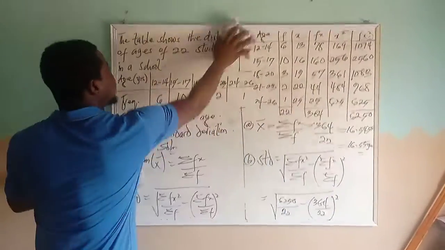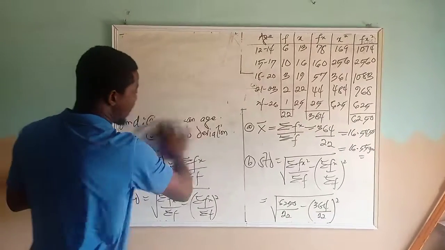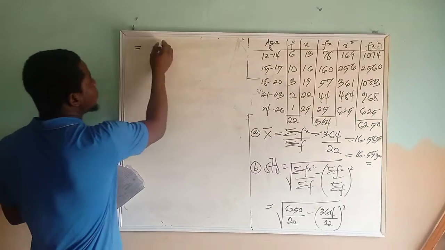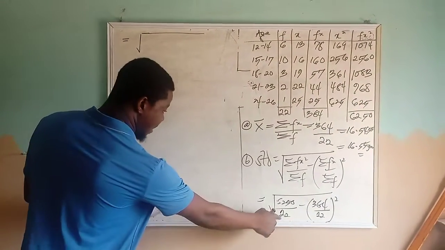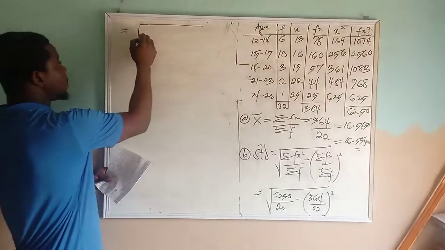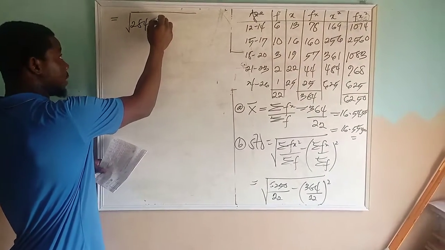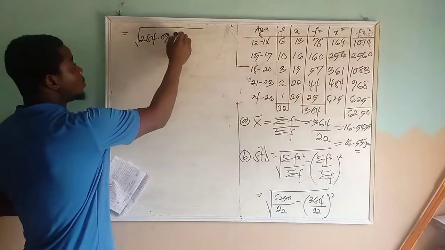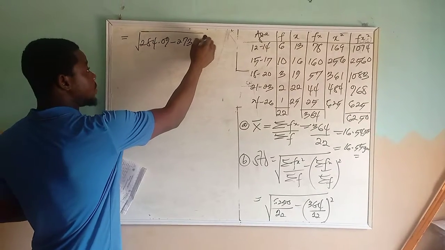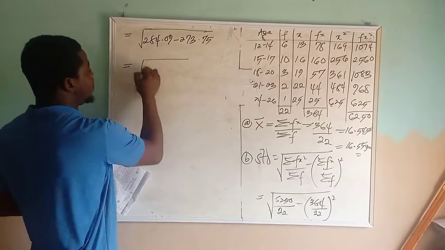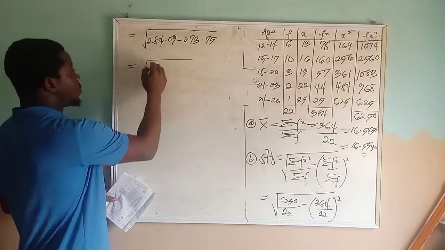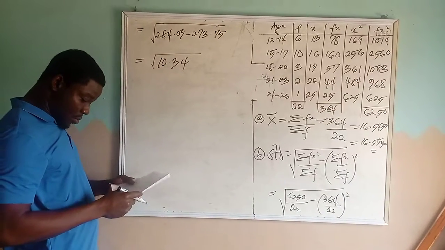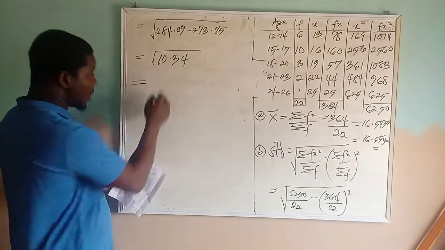Then when you evaluate that, this divided by this, you're going to have 284.09 minus, and then when you divide this and square, you're going to have 273.75. Then you just have the square root of, when you do the subtraction, 10.34. Please, you can point your calculator to confirm them.